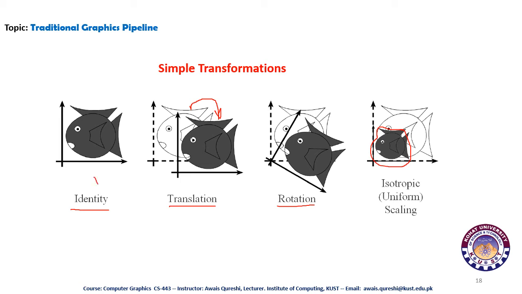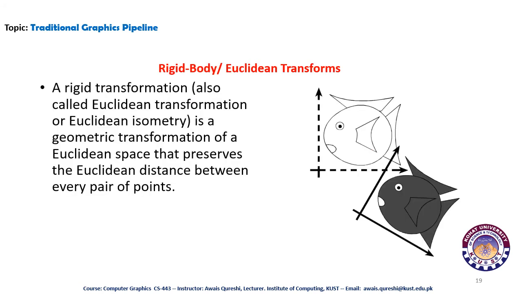These transformations are very important in studying the graphics pipeline, because when a 2D or 3D object comes into this pipeline, these transformations take place and the final object will be seen on the screen. There is also another transformation which is called rigid body. You have seen this in your previous slide as well.